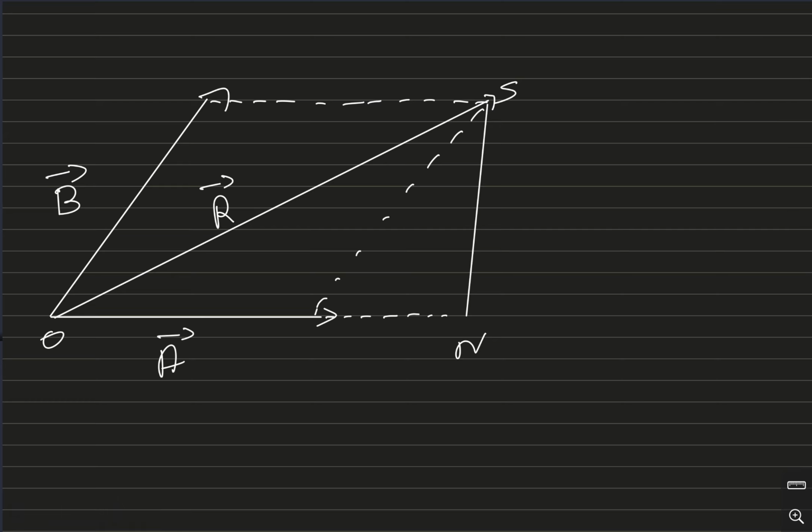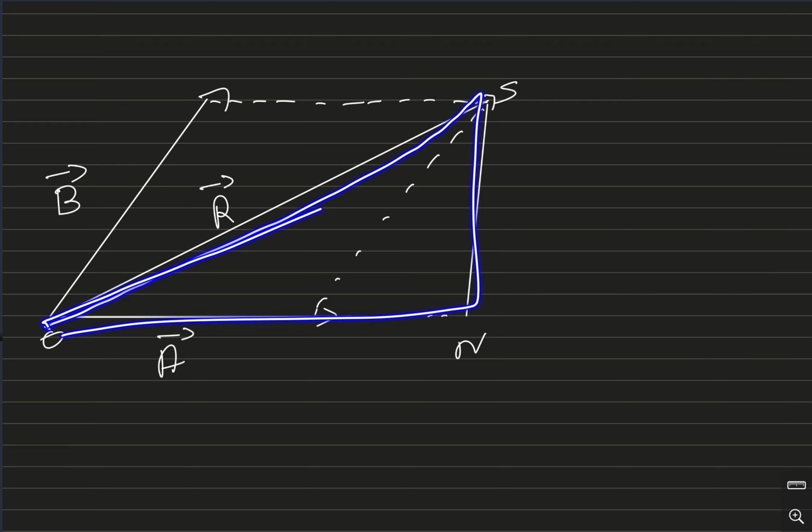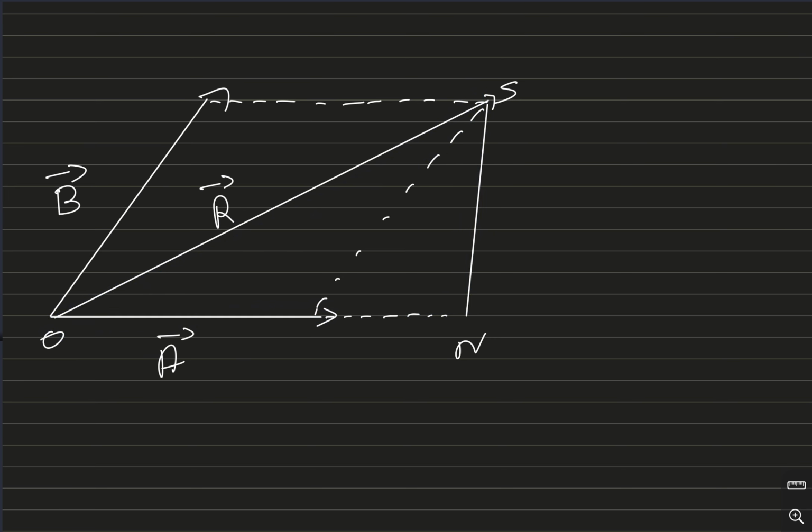See, this is the angle OSN. This is a right angle triangle, and in this right angle triangle we use the Pythagoras theorem. What is the Pythagoras theorem? Hypotenuse square is equal to perpendicular square plus base square.